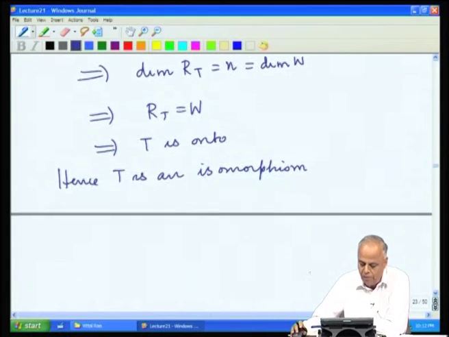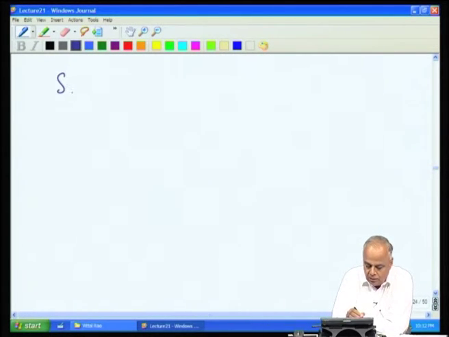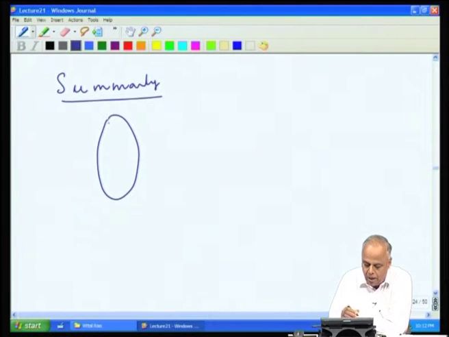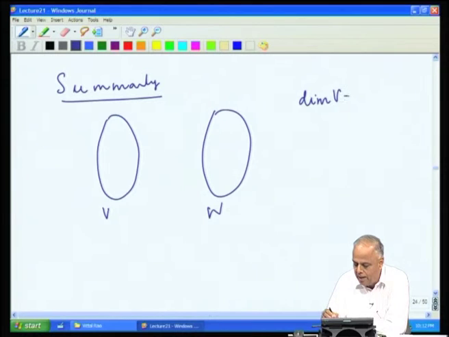So, what have we achieved therefore? What we have seen we can summarize as follows. You start with a vector space V, another vector space W, both are vector spaces of the same finite dimension over the same field.